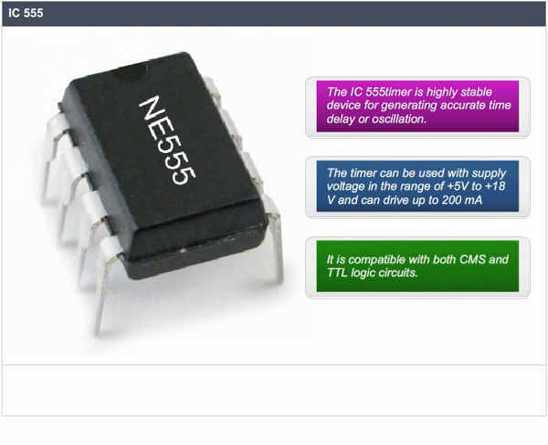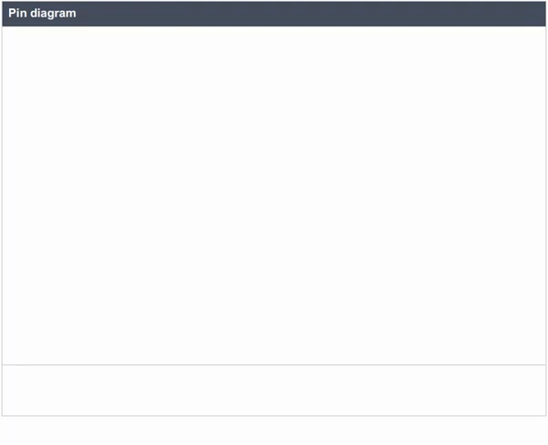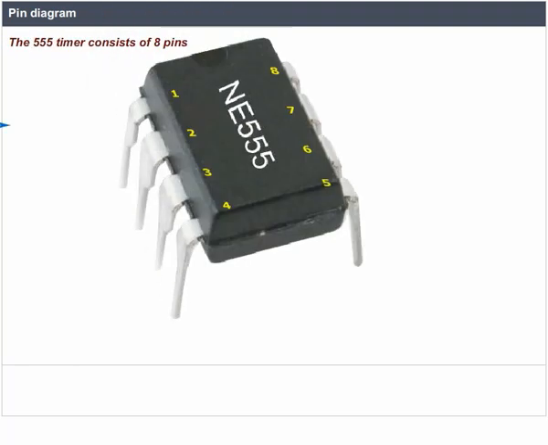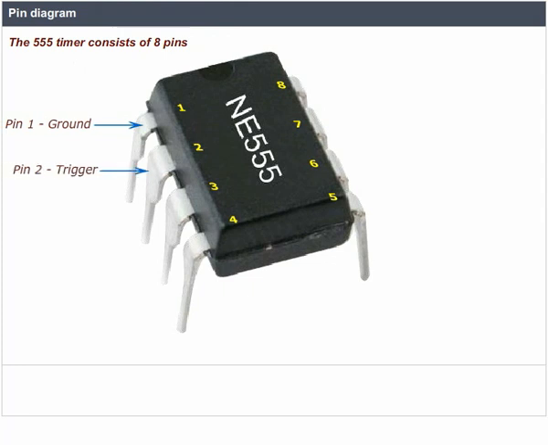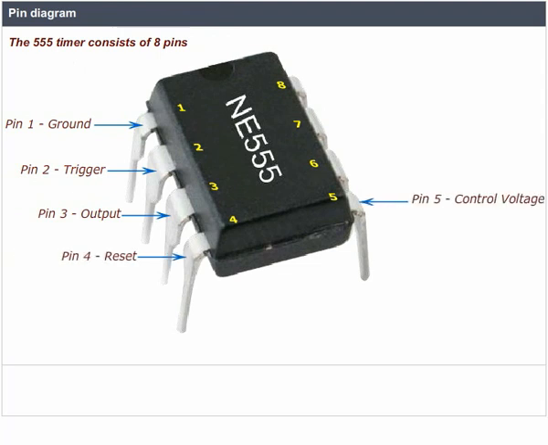Pin diagram. The 555 timer consists of 8 pins. Pin 1 ground, pin 2 trigger, pin 3 output, pin 4 reset, pin 5 control voltage, pin 6 threshold voltage, pin 7 discharge, pin 8 VCC.